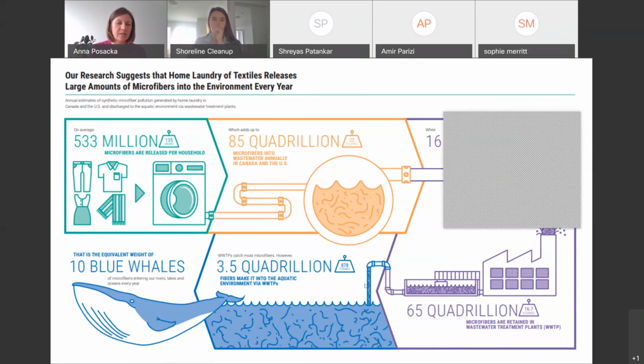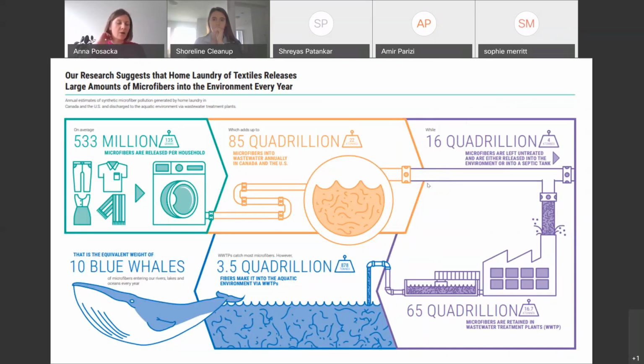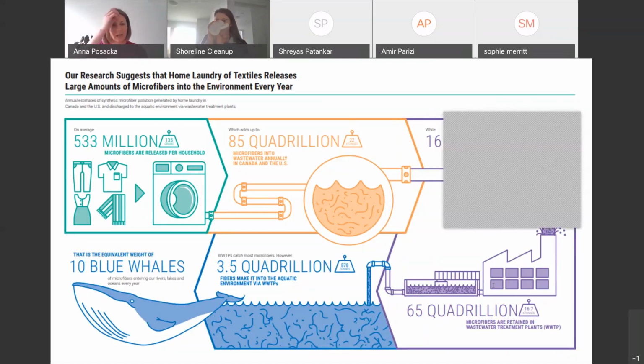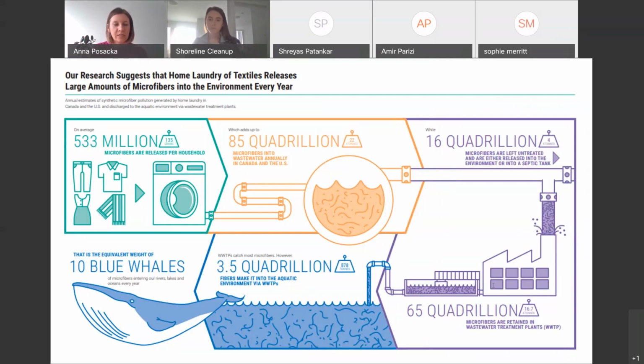So we've essentially estimated an average amount of microfibers being released through laundry by a North American household. And then how many of those microfibers will eventually reach the aquatic environment after accounting for that 95 to 98% capturing efficiency of our wastewater treatment plants.